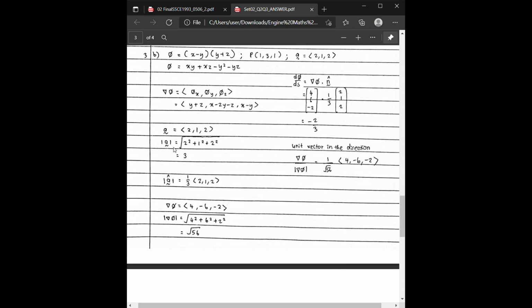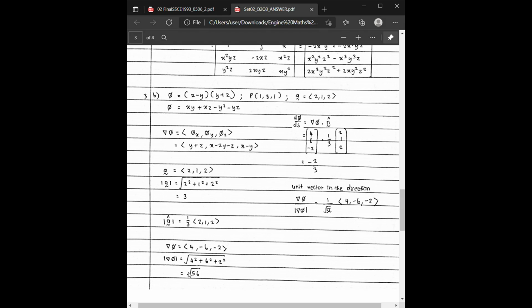Then we can use our vector a, where our direction a is (2, 1, 2). We find our unit vector of a, which is 1/3 (2, 1, 2). So after finding the direction a, we get the magnitude of our del gradient, which is square root of 56. Then we find our directional derivative d gradient over ds equal to del gradient dot vector n.